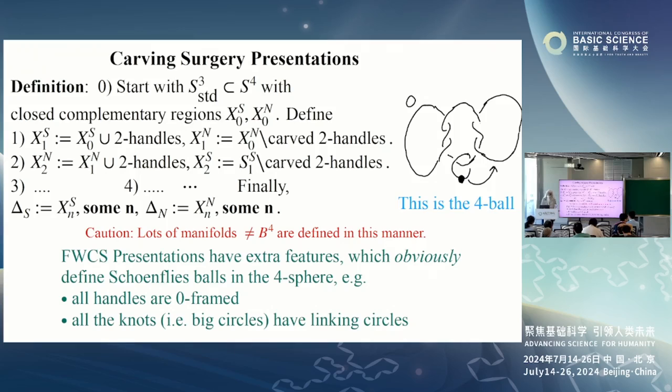Here's a particular simple one: if you look over there, there's a slice link, so I'm attaching a 2-handle there, but now here's a little linking circle, and now I'm removing a potentially very complicated 2-disc which is going through that 0-handle, and so that's our new manifold. Anyway, it turns out it's a fact that this is actually a 4-ball.